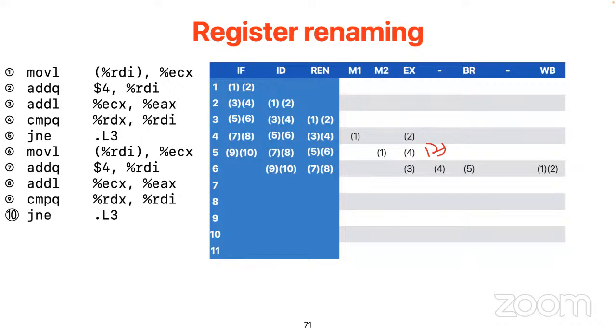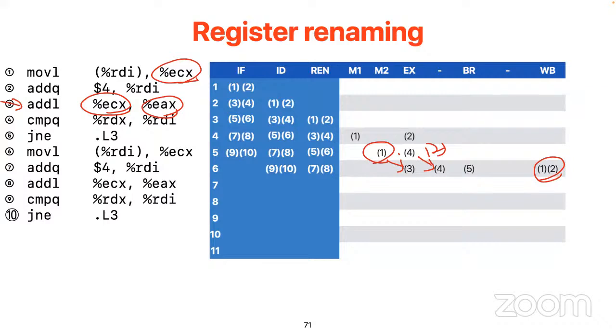4 has freed up the execution. So you can definitely put 3, especially at this time, since the ECX is already generated by 1. So 3 can be here, and 4 is now in the idle stage. And 2 has finished its work, so it could be written back together with 1.